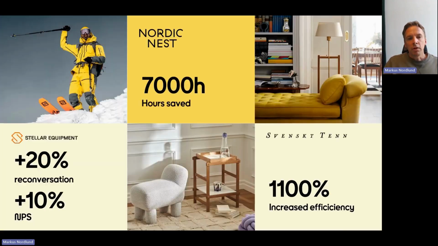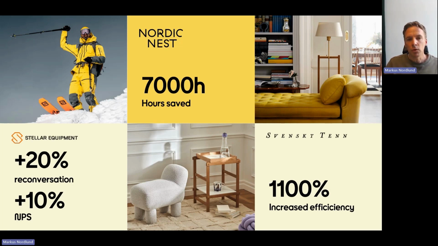So, to end that discussion, just to show you that the returns management system gives you so much business value in different areas, depending on where your pain points are and where you want to start. For example, Stellar Equipment, they really wanted to extend the reconversion and have a good NPS score.